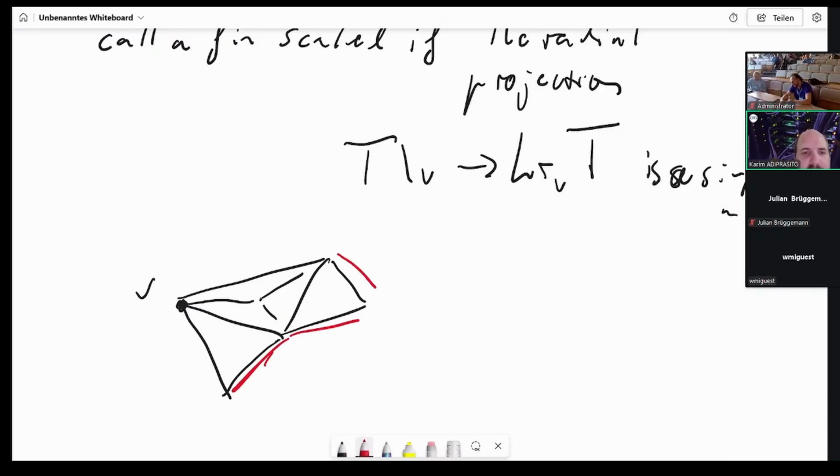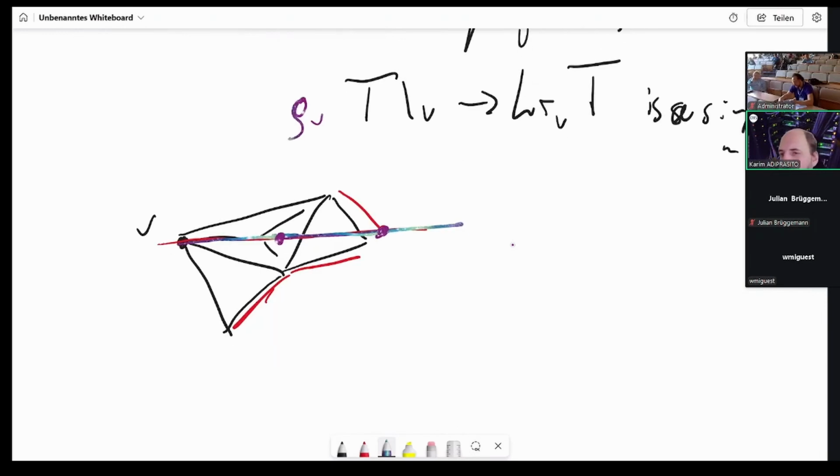If I have any point inside my fin, there is a line through V that also intersects the horizon. Maybe I should do it in this cute rainbow color. I send this point to the horizon. Of course, this is not well defined for V itself, but for all other points it is well defined. So this radial projection sends me to the horizon, and I want it to be a simplicial map. In this case, it is not a simplicial map.